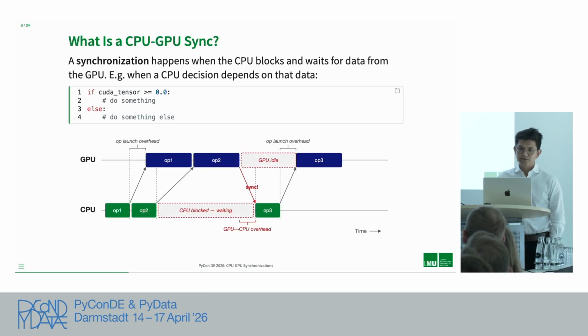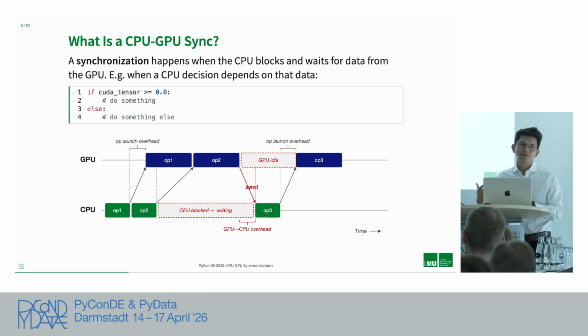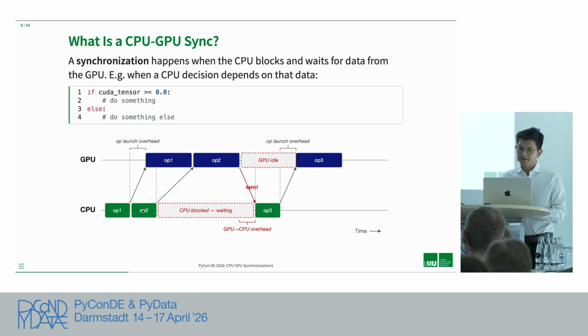And this is another timeline where I have called the operations up1, up2, up3. up1 and up2 are scheduled normally, but up3 cannot be scheduled until the CPU gets this information back from the GPU. So what we see here is that the CPU blocks.